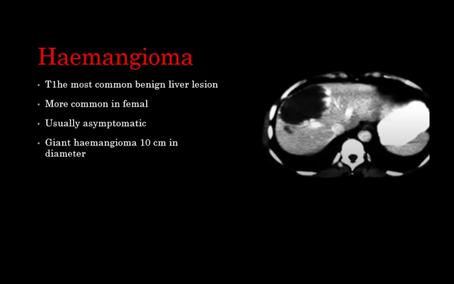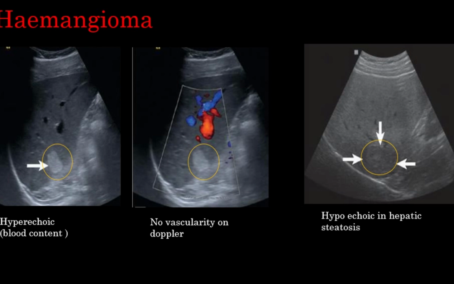Hemangioma is the most common benign liver lesion. More common in females, usually asymptomatic, but sometimes they become symptomatic when they are very large, going up to 10 cm. They cause pressure and pain. The ultrasound features of hemangioma: as it is blood content, it will be hyperechoic.